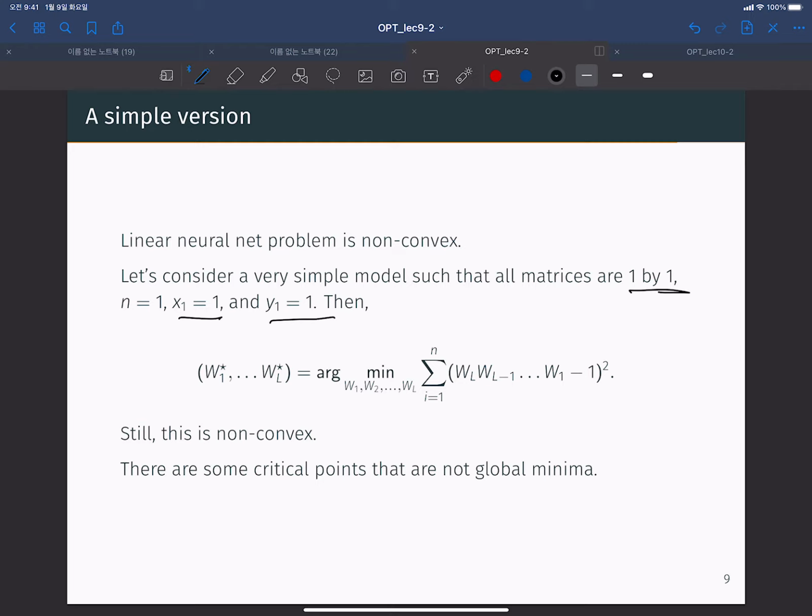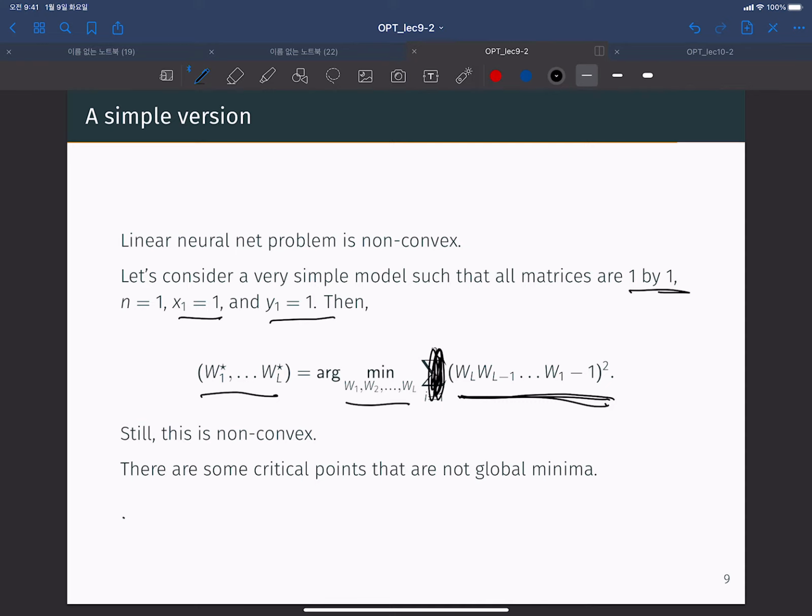Oh sorry, there is no such summation. Again we define an objective function, and we want to find the parameters that minimize it. So W1 star up to WL star will be the solution that minimizes the objective function. Okay. So this is still non-convex.